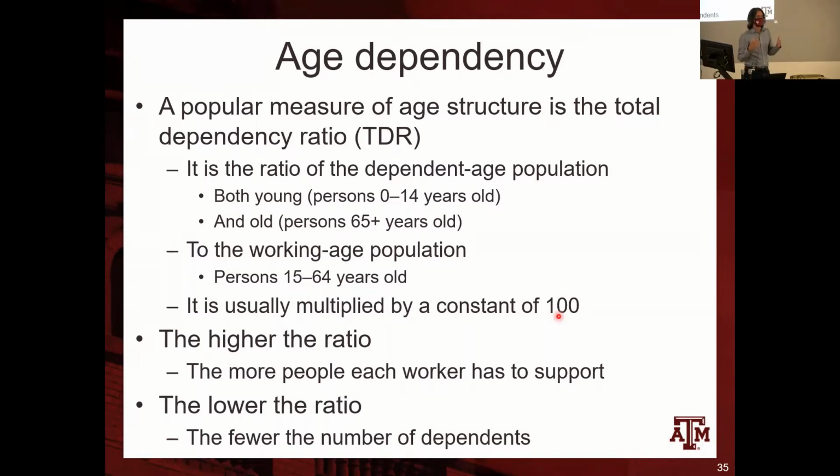Why is it called a ratio and not a rate? What's the specificity of a rate? In a rate, people who are counted in the denominator of a formula have the risk or have a chance of experiencing the event that's being measured in the numerator, right?